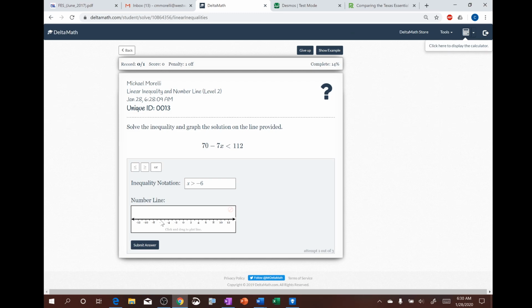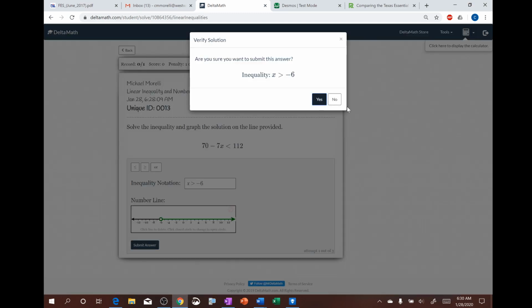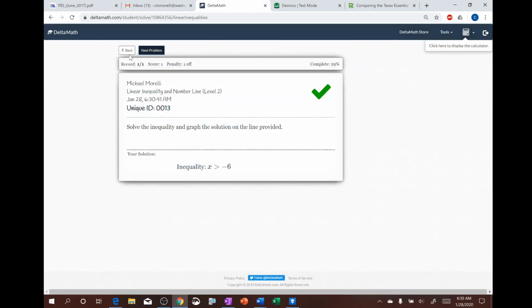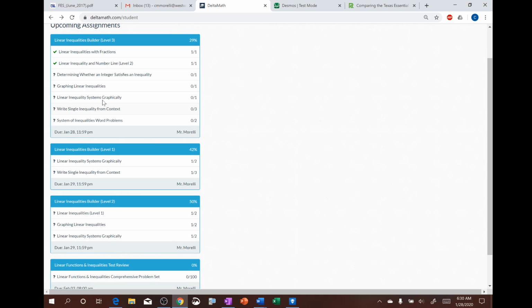Negative 6. It's not letting me click it. Oh, I've got to click and drag. Sorry. Okay, so click and drag to the right, and then change that to an open circle because it's a greater than symbol. And we'll submit that answer. Okay, just forgot how to enter that.